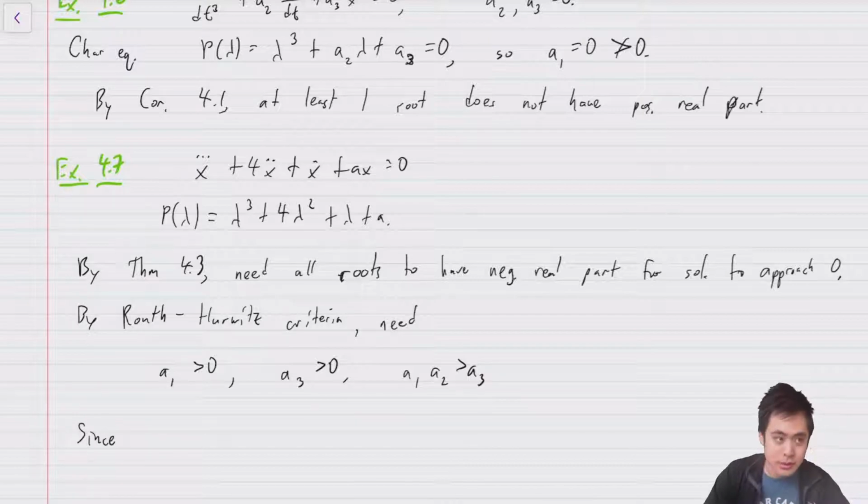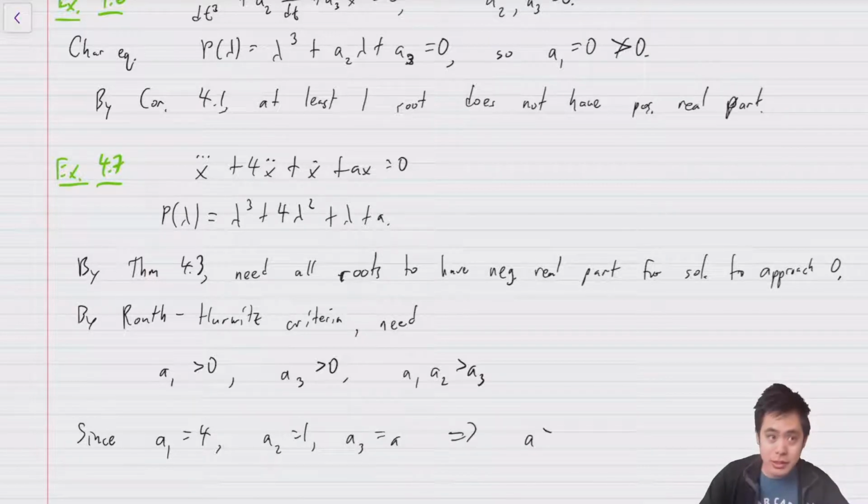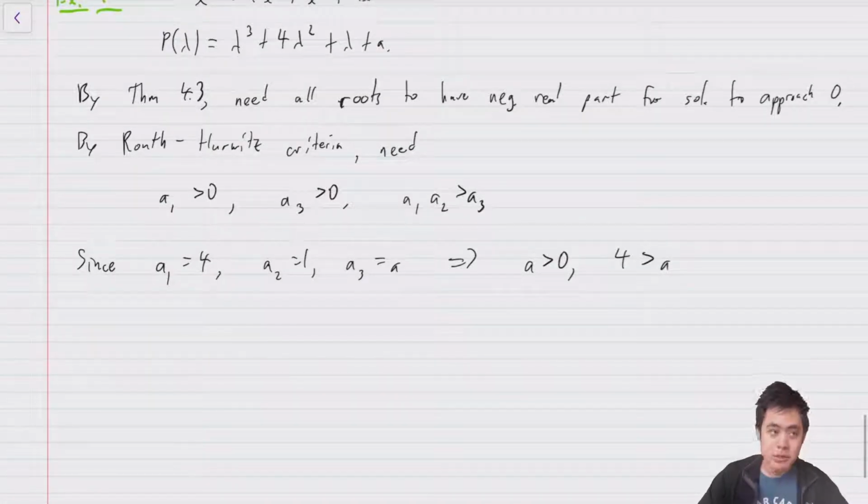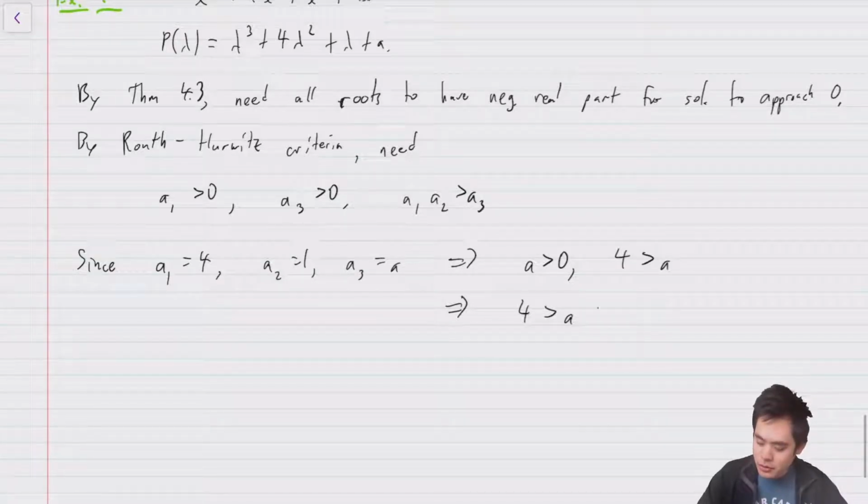Since A1 is equal to 4, A2 is equal to 1, and A3 is equal to a, this is true if a is greater than 0 and 4 is greater than a, which implies that a is between 0 and 4 for solutions to approach 0.